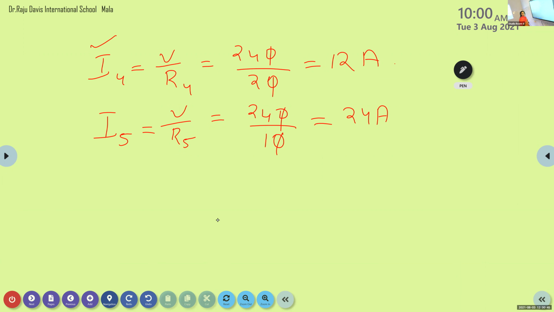Now the third sub-question: what is the total current of this electric circuit? How can we calculate the total current of the electric circuit? Nirupama, how can we calculate the total current of the circuit?